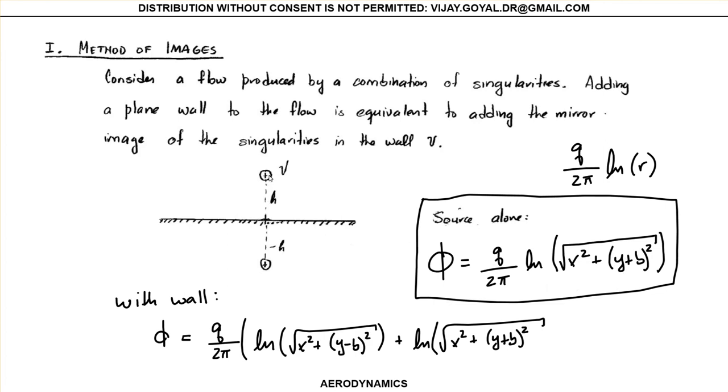But when you shift it at the distance h, then you will have y plus h and y minus h, right? That distance will be given there. So then with the wall, I have a mirror, and I have these two components. I have this component of this source, and I have this other component of the second source, okay?